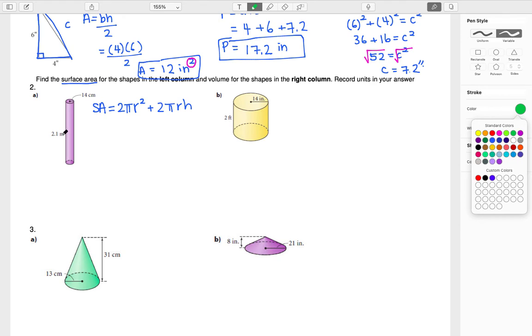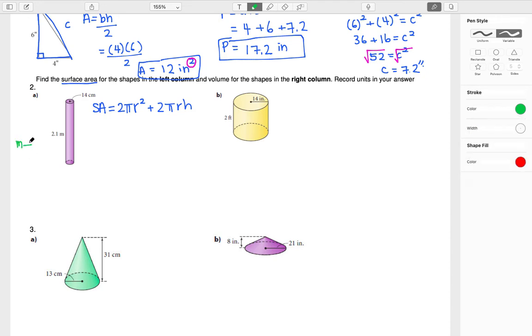What I would recommend is let's convert meter to centimeter. On the side, we're going to change meter to centimeter. If you look at the conversion chart, you will know that 1 meter is equal to 100 centimeter.